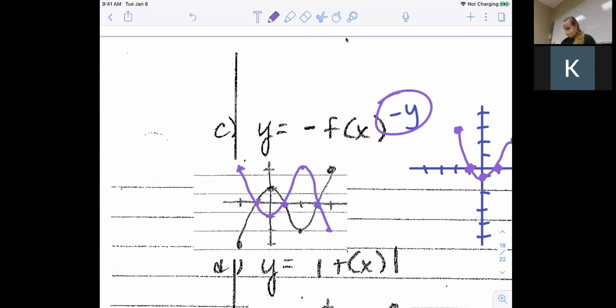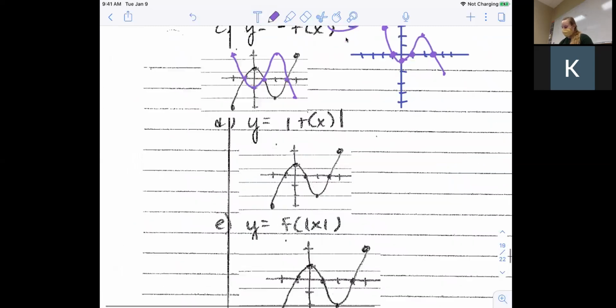All right. Next one, we've got absolute value of f of x. So I'm doing the absolute value of f of x. What does absolute value do again? Makes what positive? And what's inside of it right now? Oh, that's f.